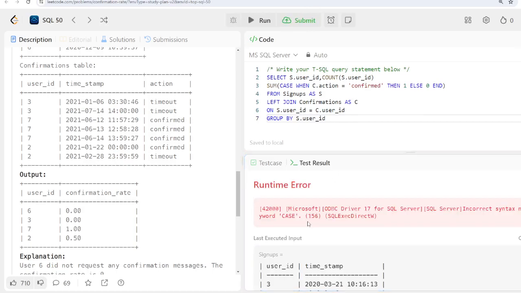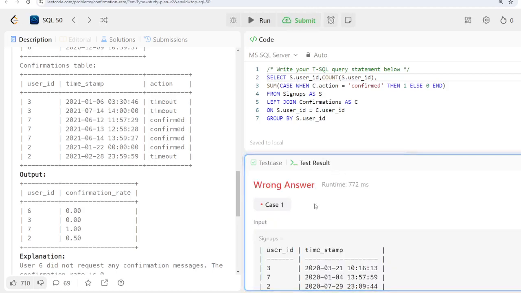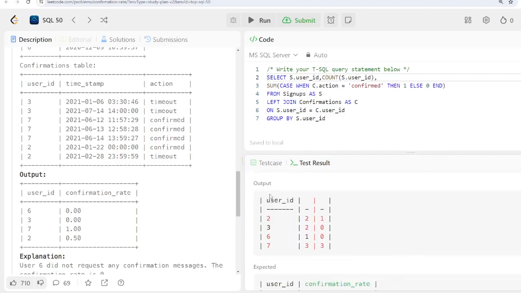Incorrect syntax near the keyword case. Okay, so basically I didn't use the comma here, and let me run this. Okay, so this is the output that I am getting. Now I only have to find out the confirmation rate. So this I have to divide by this.